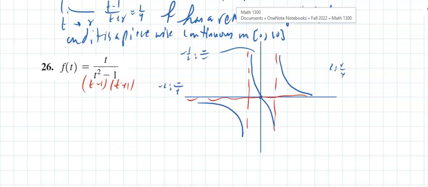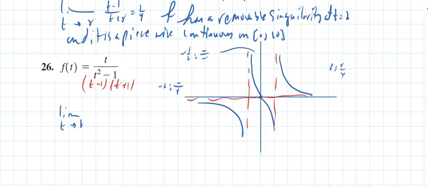So if we take the limit as t approaches 1 from the right or the left, that's actually infinity.